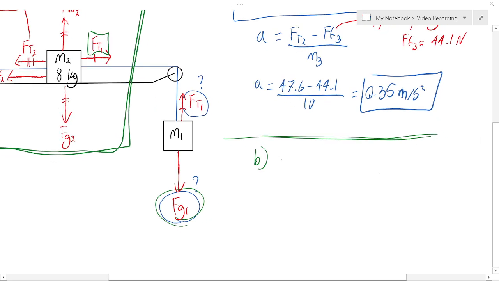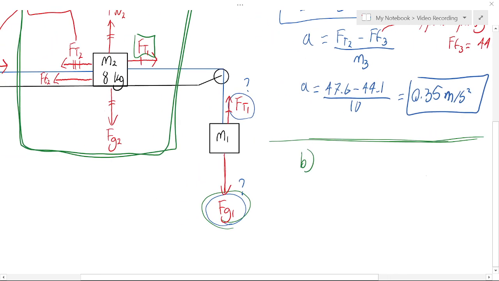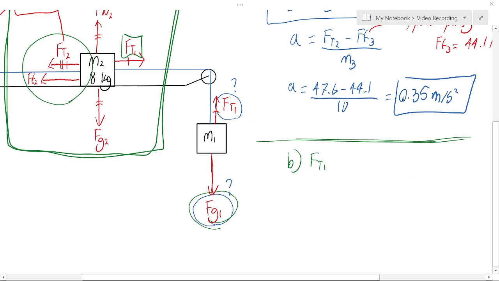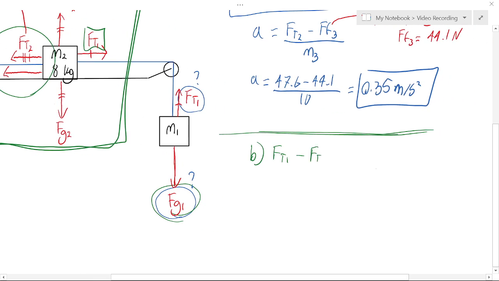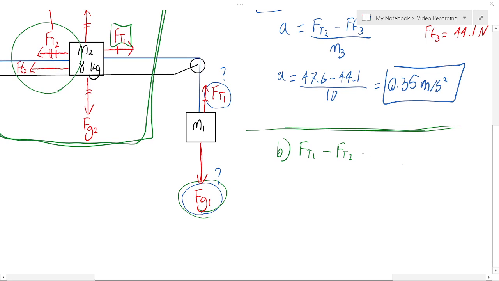So picking M2, my winning force that is pulling the blocks forward, that is accelerating them forward, is Ft1. My losing force, I actually have two losing forces pointed the other way. You can see here, trying to slow the block down is Ft2 and FF2. Those are both pulling back the other way.